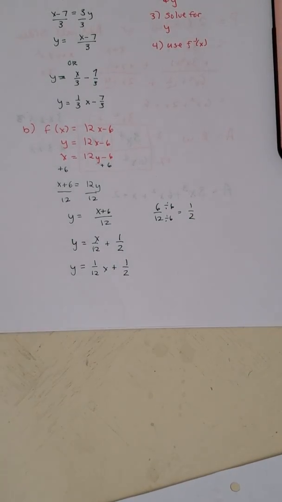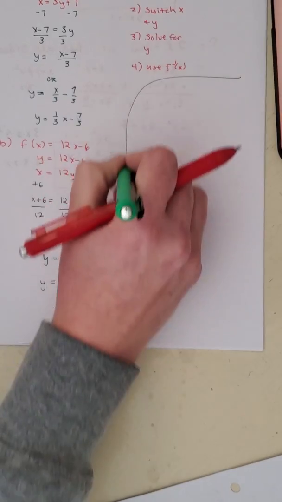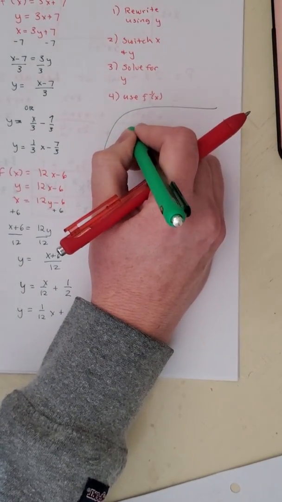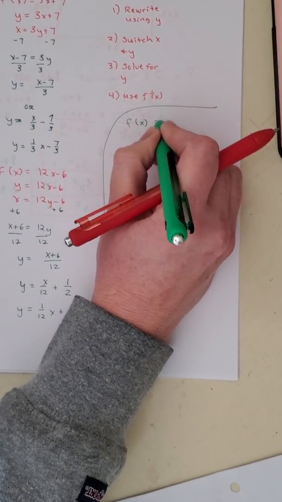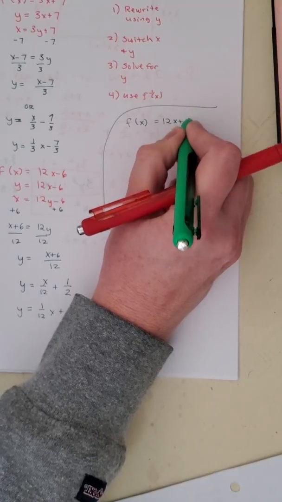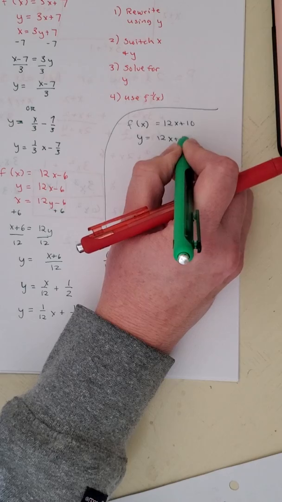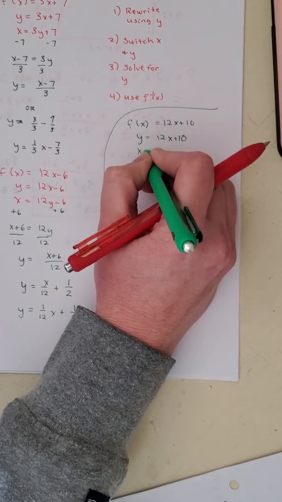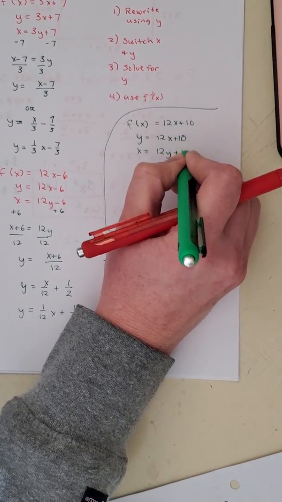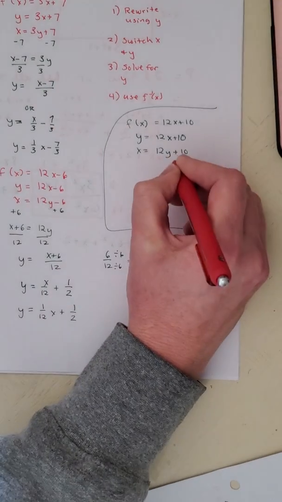All right, and for C, I'll do C right over here. f of x equals 12x plus 10. We'll rewrite using y. Switch x with y. And then start solving.